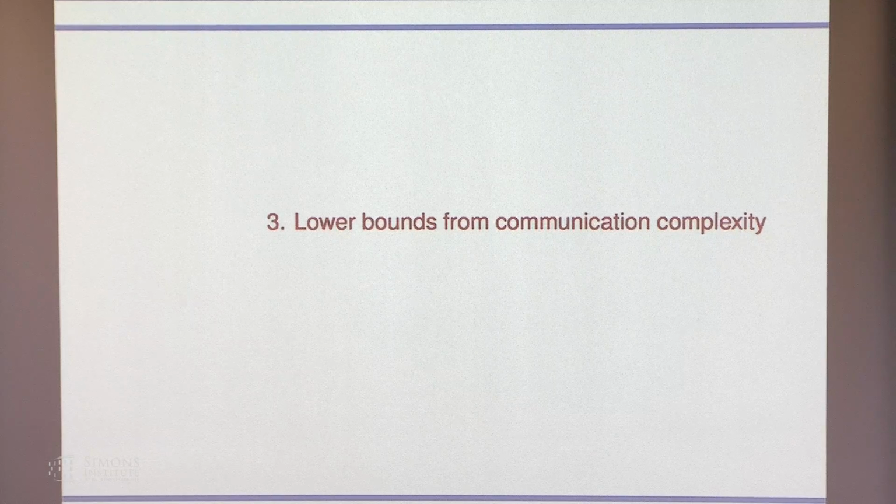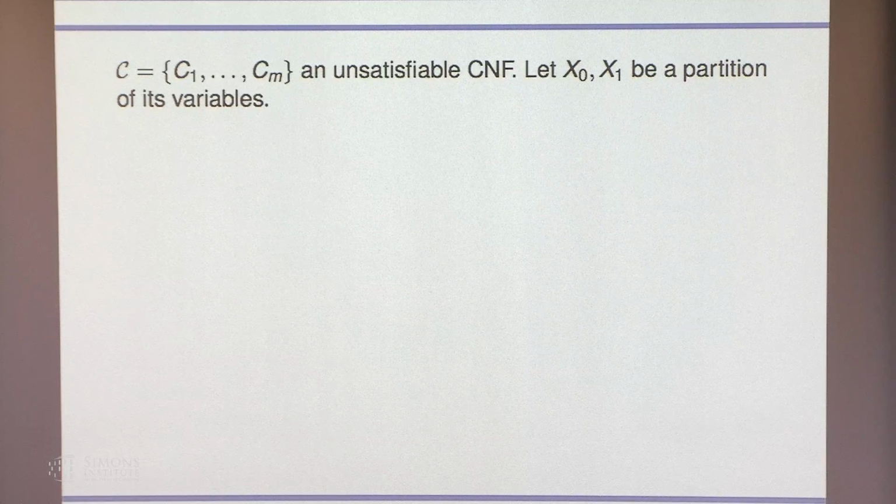But communication complexity is a big field which talks about the complexity of communication. And now, in this approach, I would like to reduce lower bounds on, let's say, resolution or some other proof system to known lower bounds from communication complexity. And the general strategy is as follows.